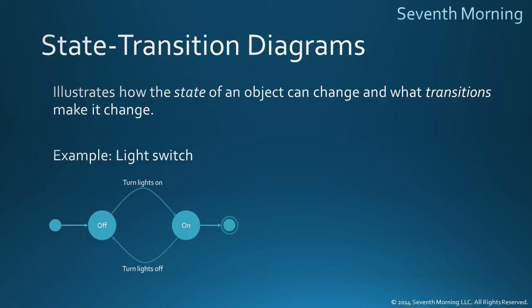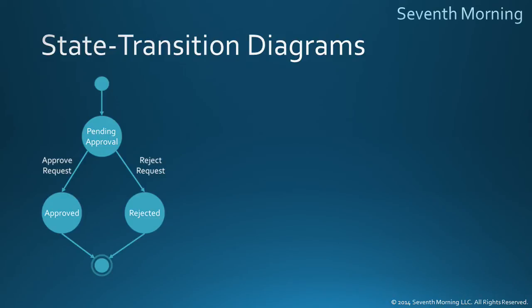But this is a pretty simple example. So let's look at one that's a little bit more challenging that is also more business analysis oriented. Okay, here we have the state transition diagram for some kind of request. According to this model, there are three states a request can be in, and those are pending approval, approved, and rejected.